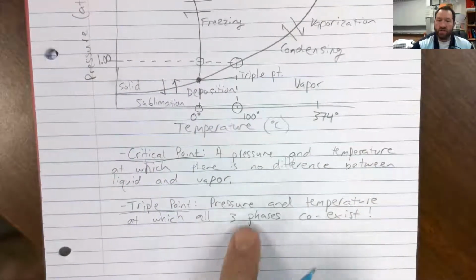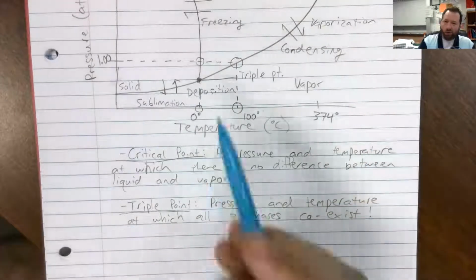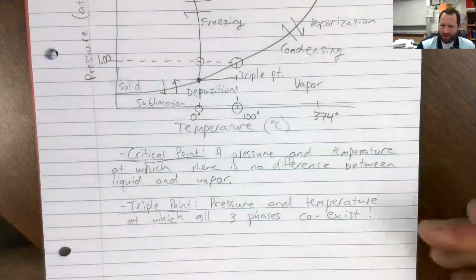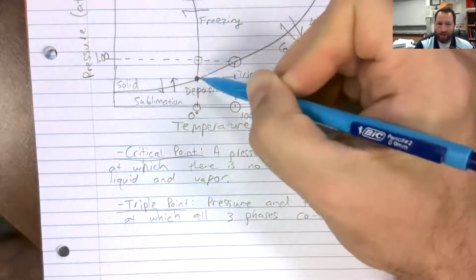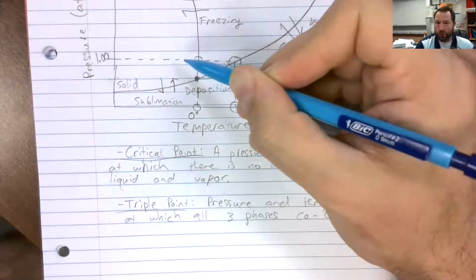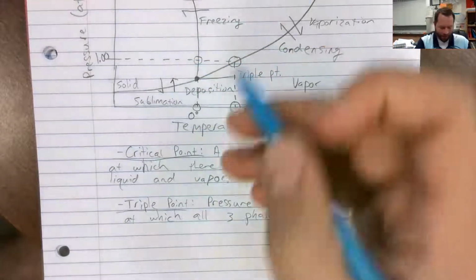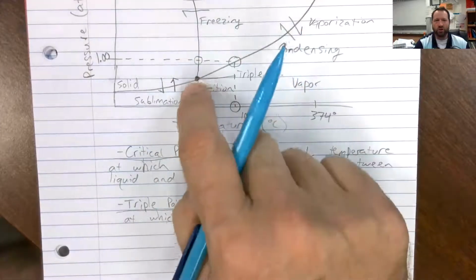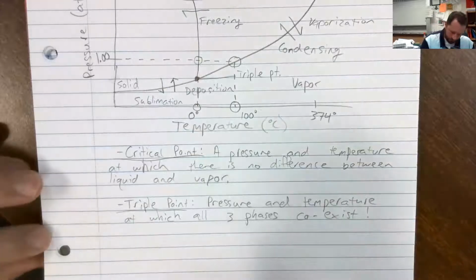So the triple point is the pressure and temperature combination at which all three phases of matter can simultaneously coexist. So we did that lab the other day where we kind of had ice and water at the same exact time. Well, at the triple point, you can have all three, ice, water, and gas, vapor, all at the same time. If you get to a low enough pressure and low enough temperature, you'd reach the triple point of water. So pretty cool area.